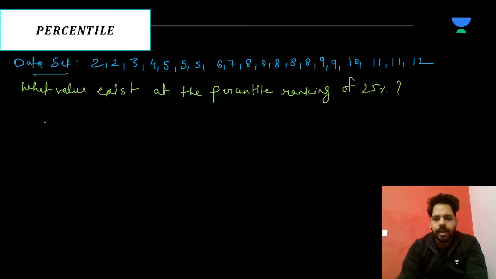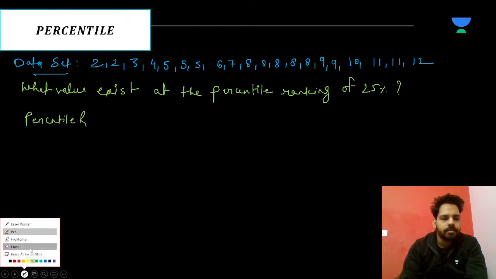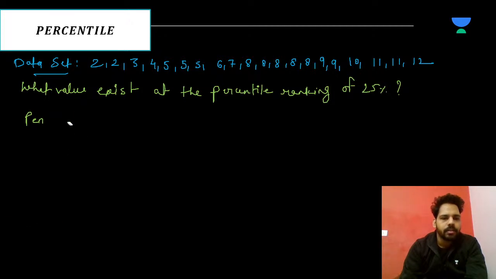See, you will write here the same formula that we used for percentile. Percentile ranking, sorry, I wrote the wrong spelling. We'll write here percentile ranking of X. Why am I writing the formula?